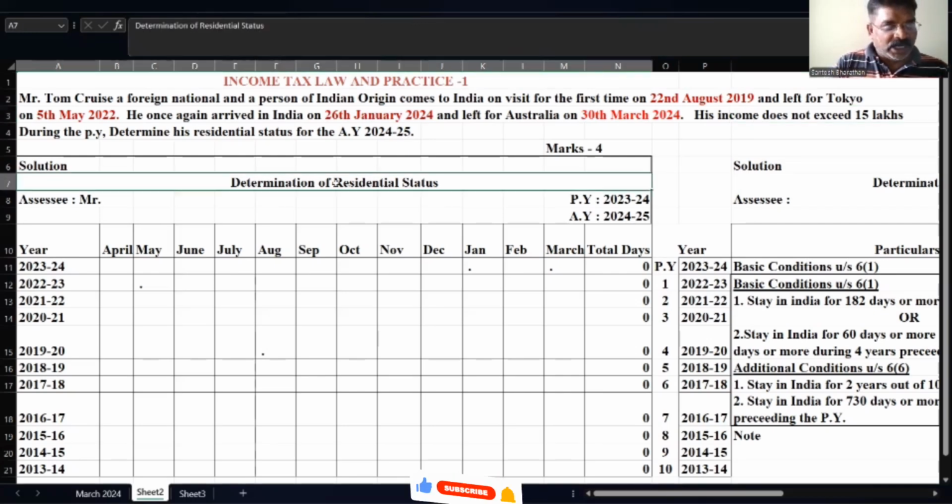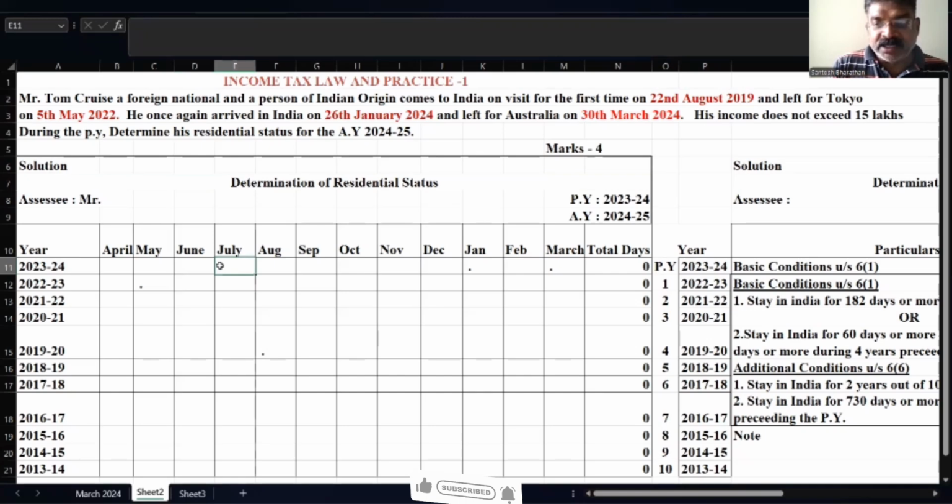Okay, we come to the chart. Directly we come to the chart, and we will mark out where exactly this falls. Tom Cruise, a foreign national and a person of Indian origin, comes to India on a visit for the first time on 22nd August 2019. We'll see where it falls exactly. 22nd August 2019 falls in the year 2019-20.